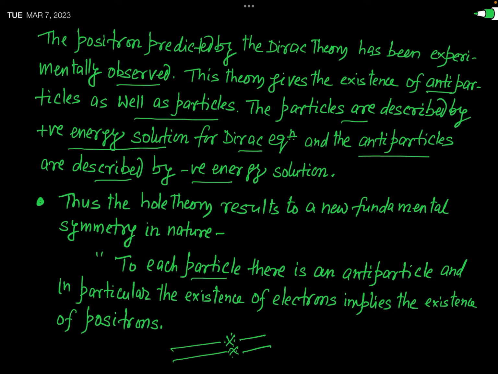To every particle, there corresponds an antiparticle. And in particular, the existence of electrons implies the existence of positrons. So if a particle exists, then there will certainly be an antiparticle.